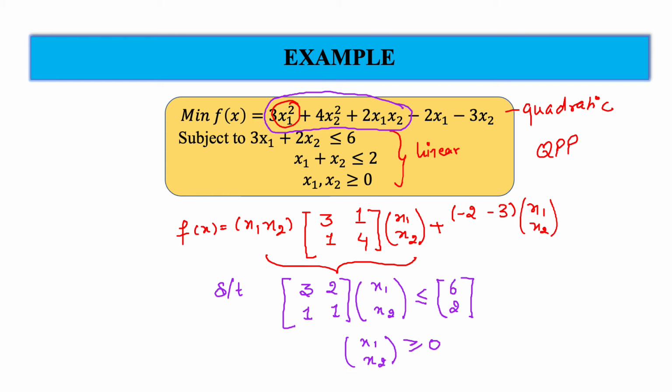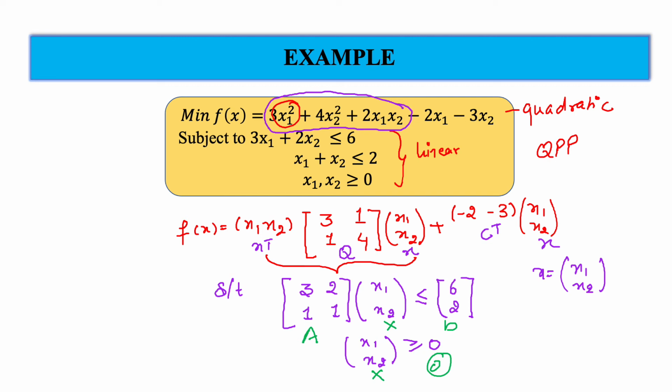So here, if we observe this problem, suppose we take x as [x1 x2]; this is x transpose, this is Q, this is again x, this is c transpose, this is x, then this matrix is A, times x, less than or equal to b, and x is greater than or equal to 0, where this is the zero vector.